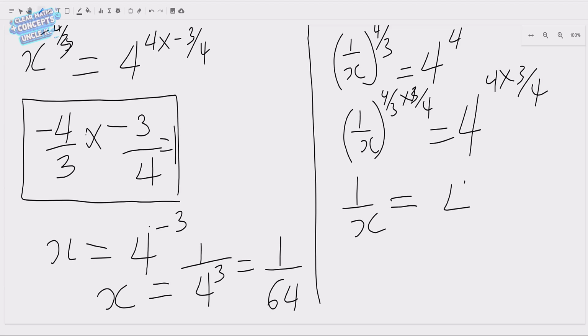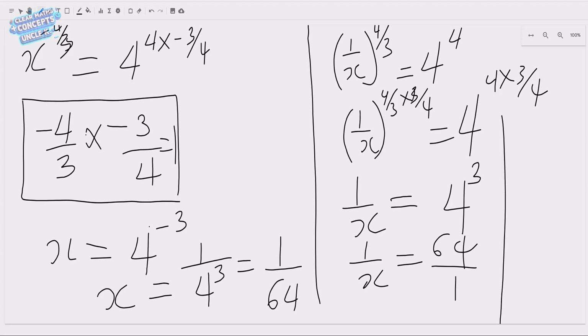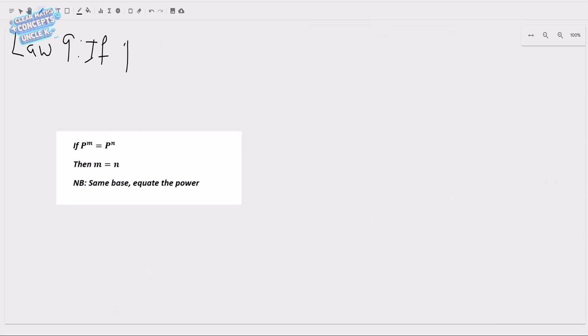So you have 1 over x to the power 1, everything cancels, and you have 4 raised to the power 3. So 1 over x equals 64. If you flip this, you have x over 1 equals 1 over 64. Or cross multiply, that works too. So you have 64x equals 1. Divide both sides by 64, and x is 1 over 64. Now we just review the laws here, then we start solving questions.